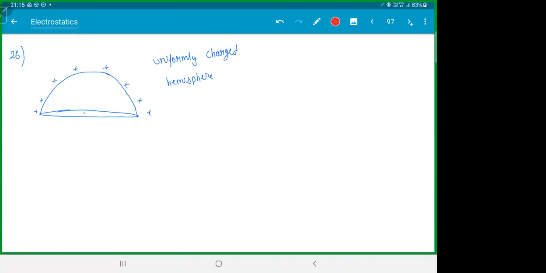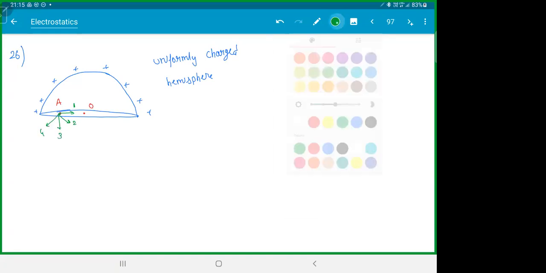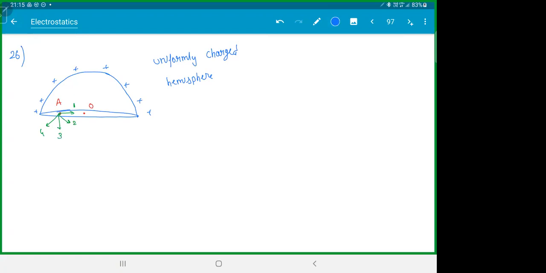So O is the center. A is some point to the side. So the question is, what is the direction of the field? 1, 2, 3, 4. So ऐसा options होगा. What is the direction of the electric field at point A? Options are 1, 2, 3, 4. Which is the option?